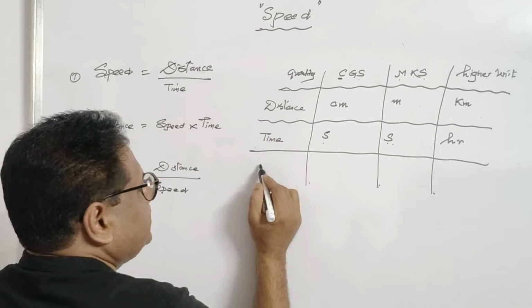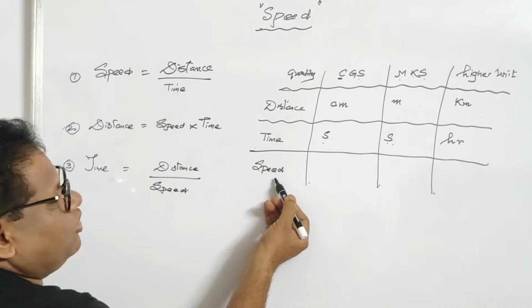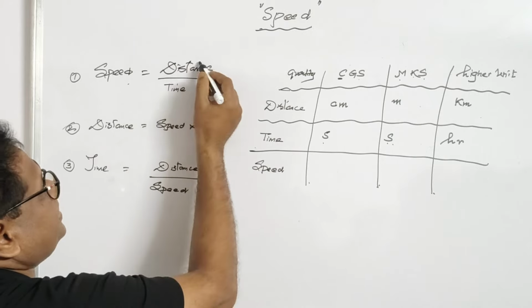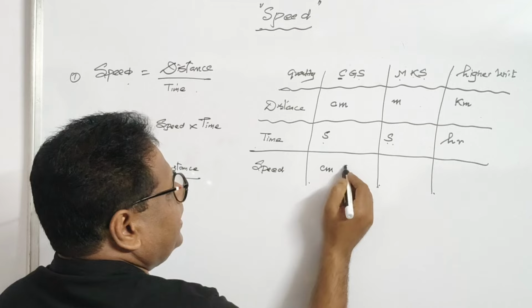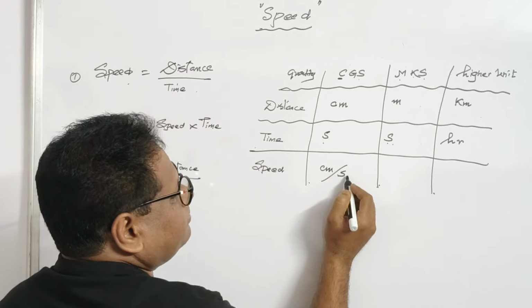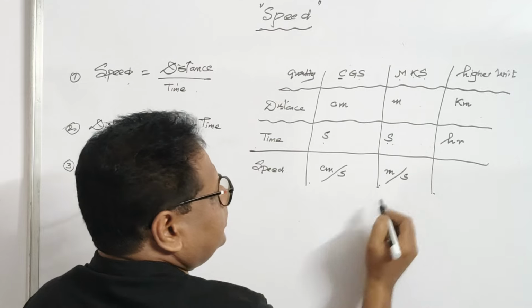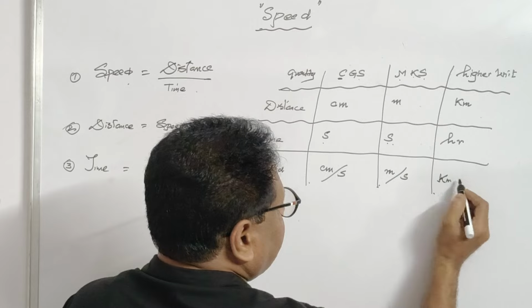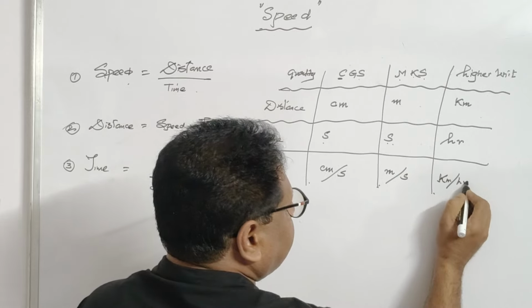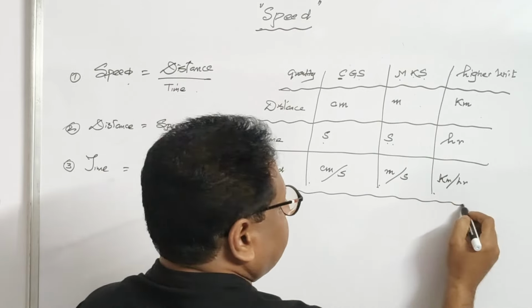Now the third is the speed. As the formula indicates, speed equals distance by time, so in CGS it is centimeters per second, in MKS meter per second, and for the higher unit kilometer per hour.